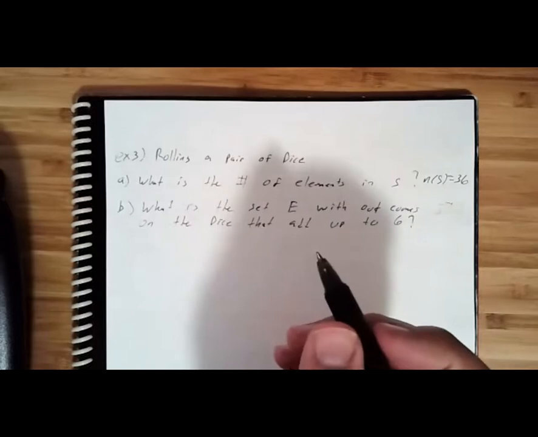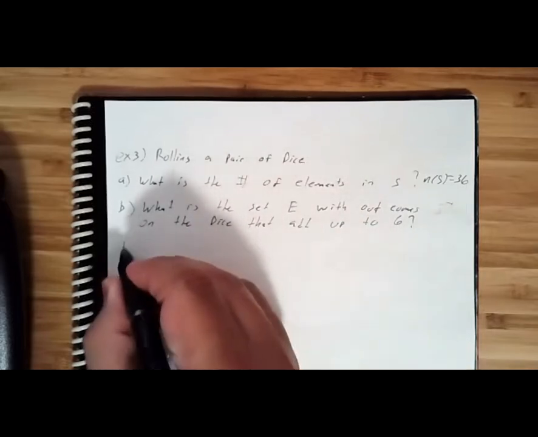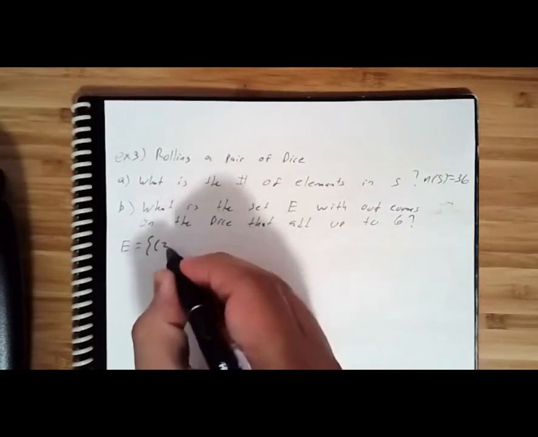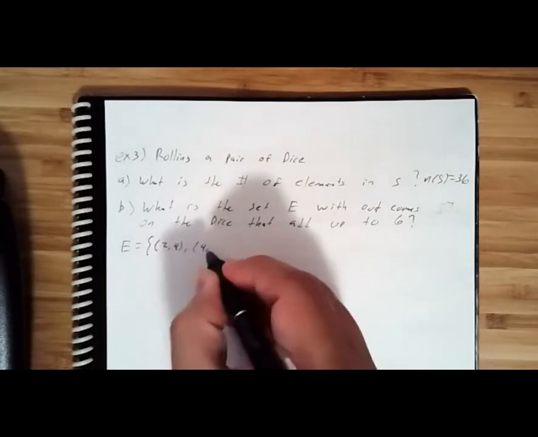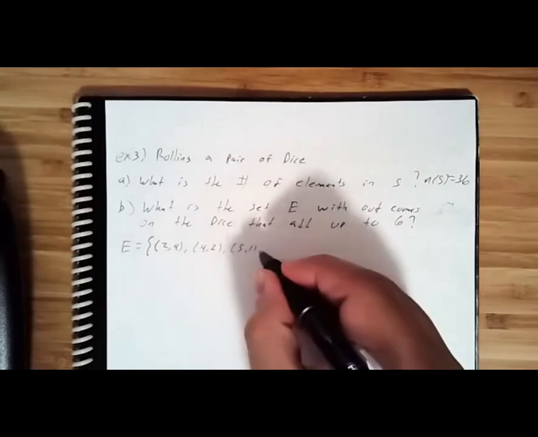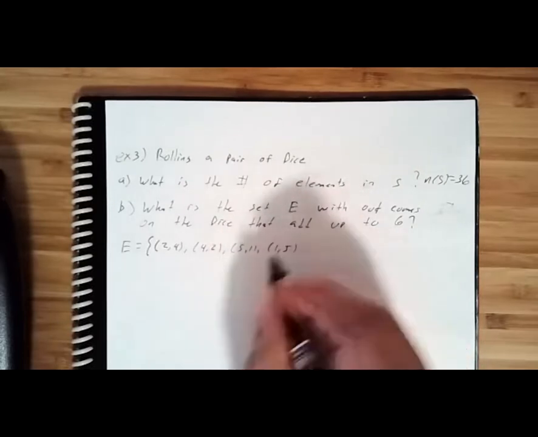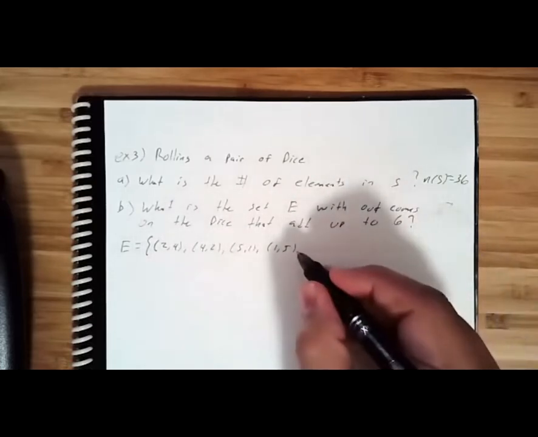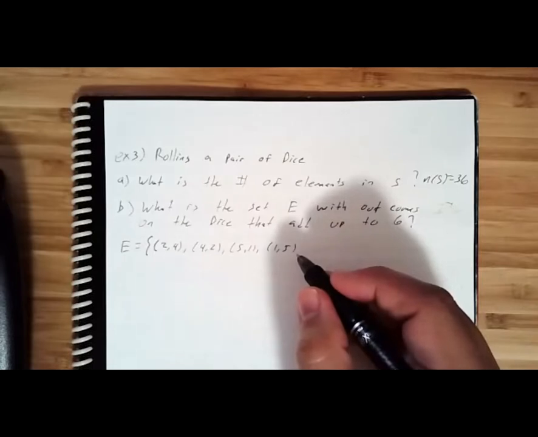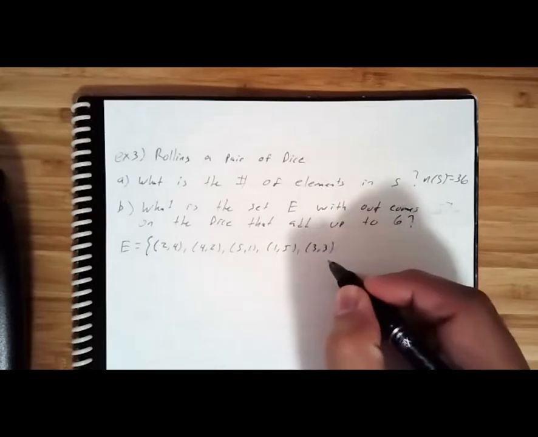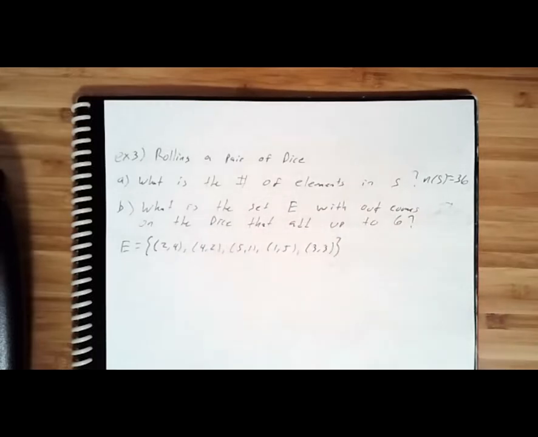I want to write these as pairs, like coordinates. To get a 6, I can get a 2 and a 4, or a 4 and a 2. I can also get a 5 and a 1, or a 1 and a 5. Is there anything else? Oh yeah, 3, 3. So 1, 2, 3, 4, 5. There are 5 elements.